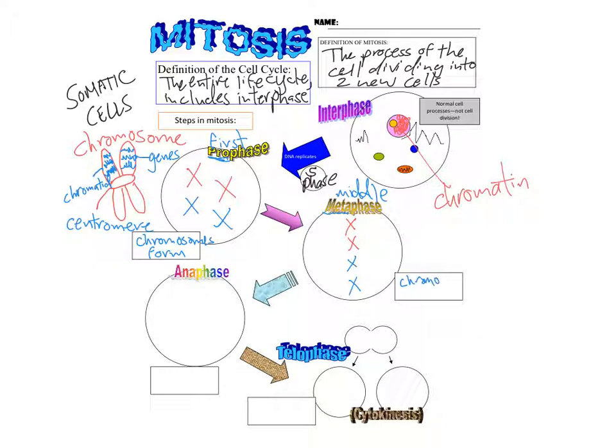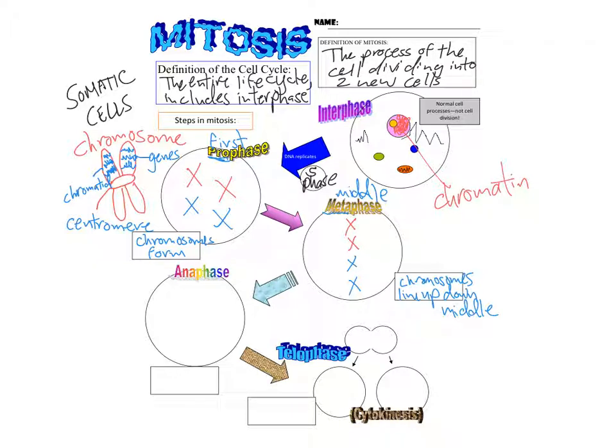Now, I forgot to mention that in prophase, the organelles kind of fade into the background and the nuclear envelope dissolves. And so all you can see are the chromosomes. All right, chromosomes line up down the middle.